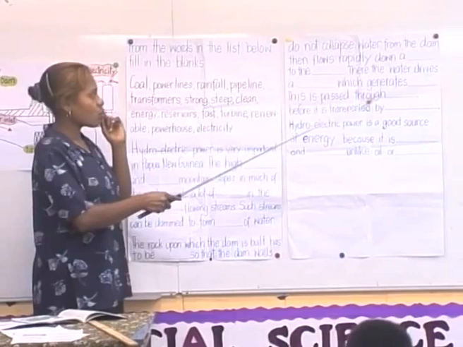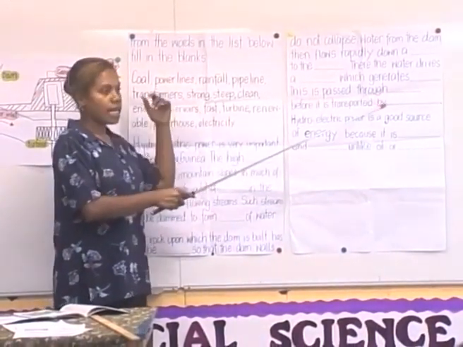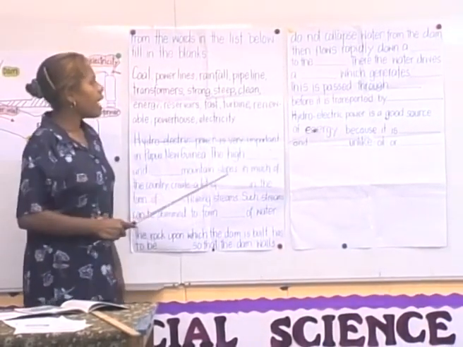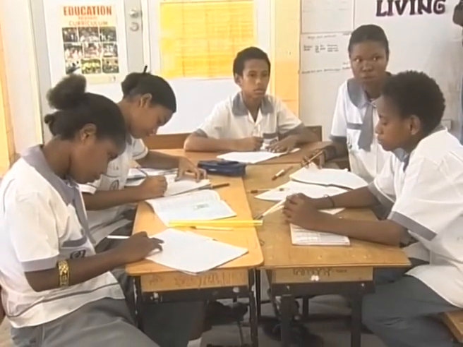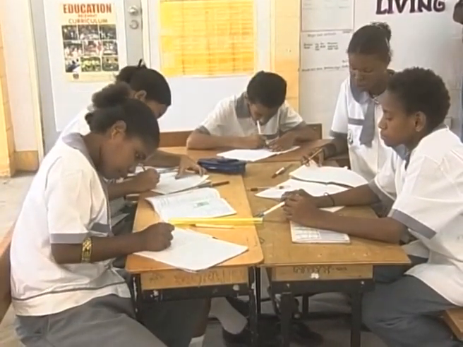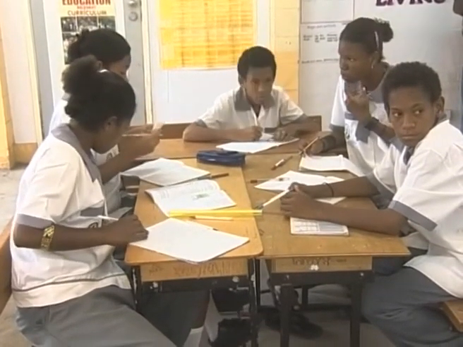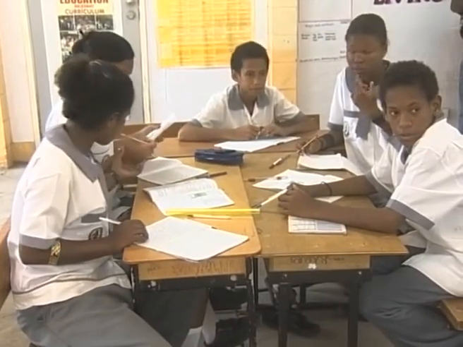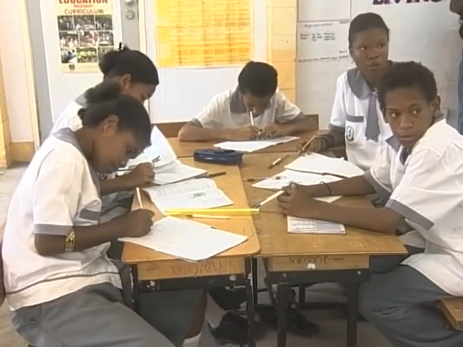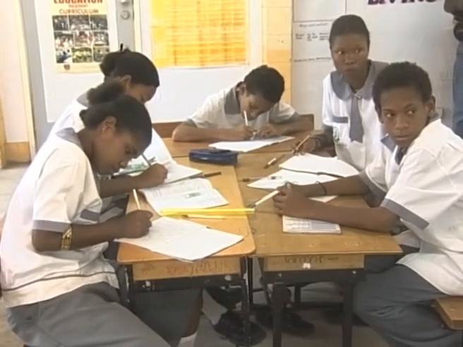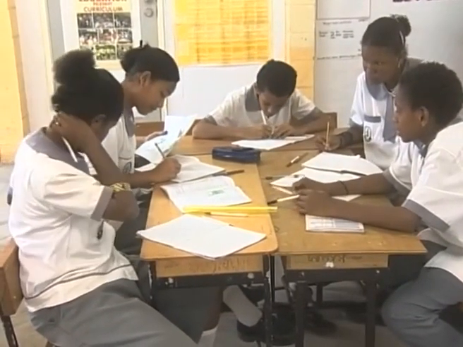This is passed through transformers before it is transported by power lines. Hydroelectric power is a good source of energy because it is renewable and clean, unlike oil or coal.